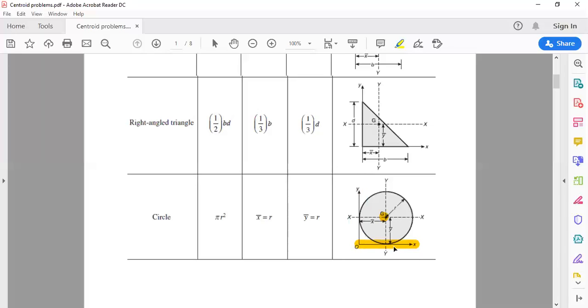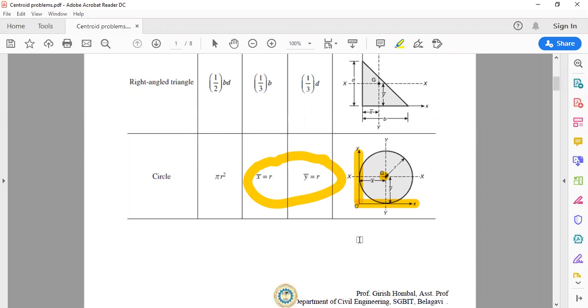So the distance of the centroid from the reference x-axis, that is y bar, is the radius, or r. Again, these values of x bar and y bar are subject to the location of the reference y-axis and x-axis. So this is about the circle.